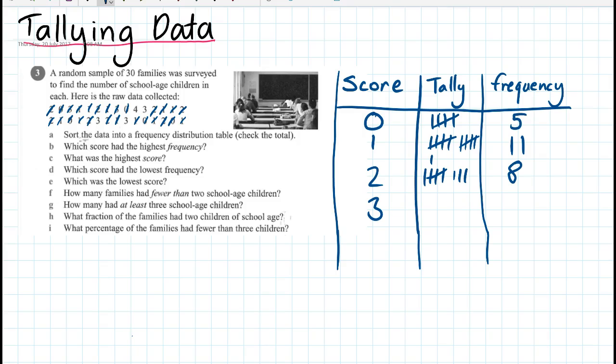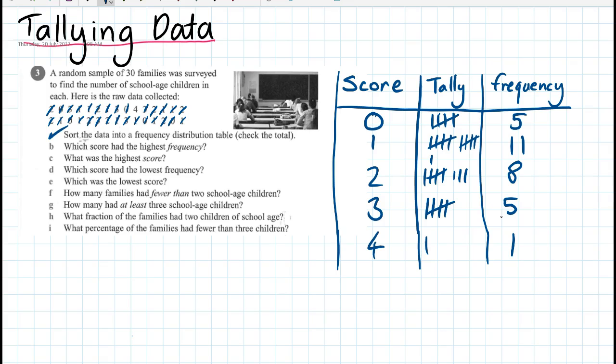And then the threes: 1, 2, 3, 4, 5. Oh, and then there is a 4. You've got 5 and then 1, 4. Okay, so that is tallying up the data, and that ticks off question A.